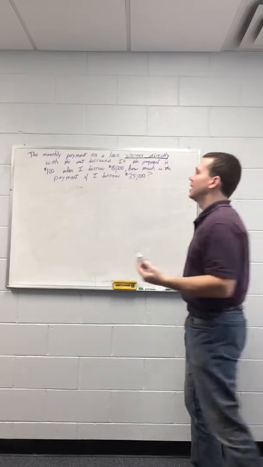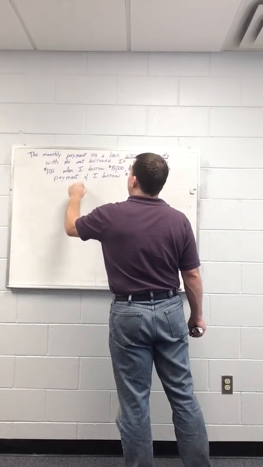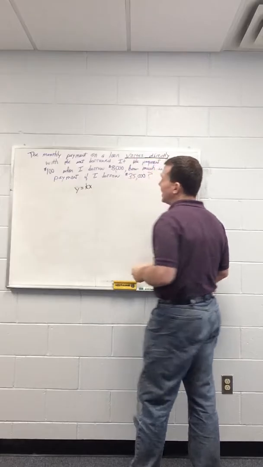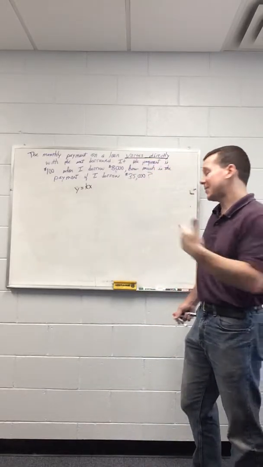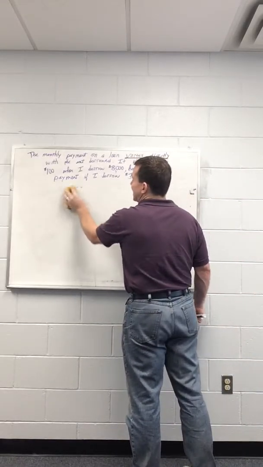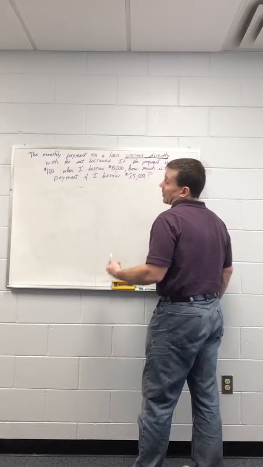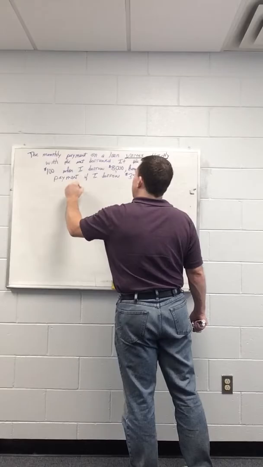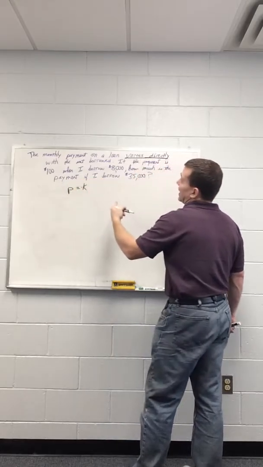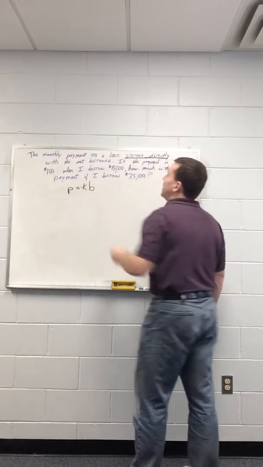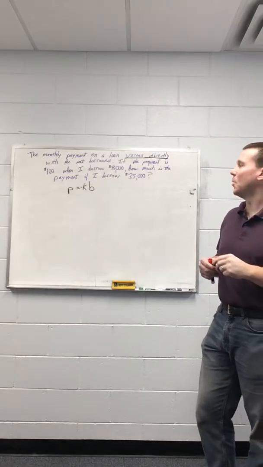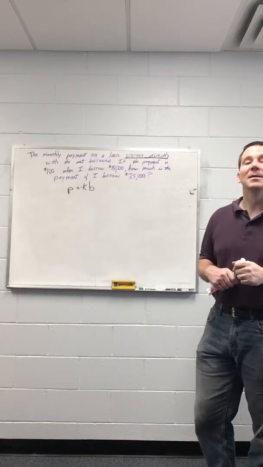As soon as you see varies directly, you can write y equals kx and go from there. A lot of times I'll use letters that make sense in the problem so I don't get confused. So the monthly payment, I'll call P. P is equal to K times the amount borrowed, I'll call that B. You can use whatever letters you want, I use those because they make sense.